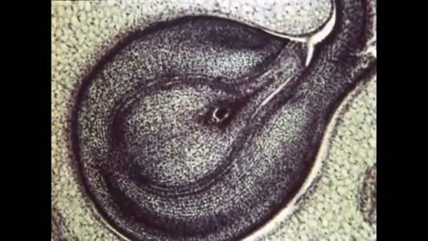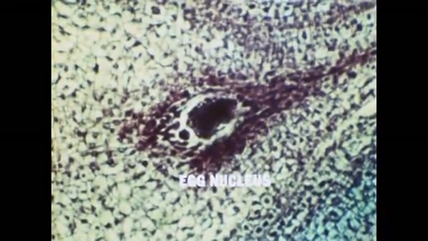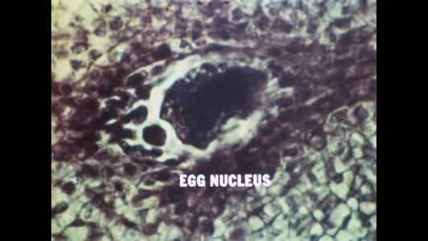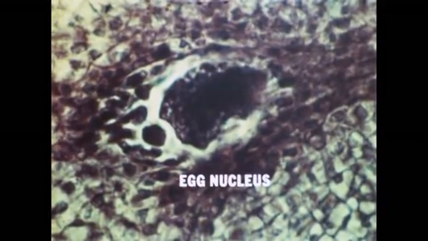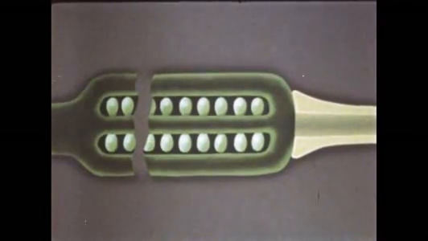The embryo sac contains the egg nucleus of the plant. A sperm nucleus must reach the egg nucleus if an embryo is to develop. This will occur only if a pollen tube penetrates the ovary and reaches the ovule.